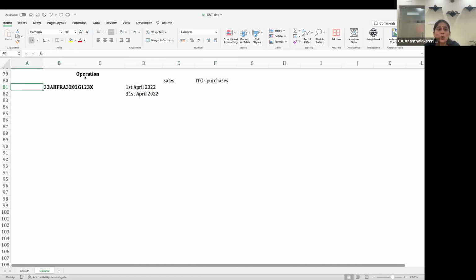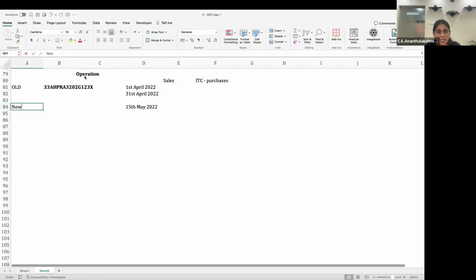This is your old GSTN number. This is effective only till 31st April. But the new GSTN number is given only on 5th May. In this case, till that time, you will be running with the old GSTN number.